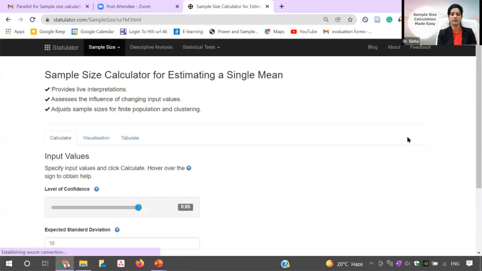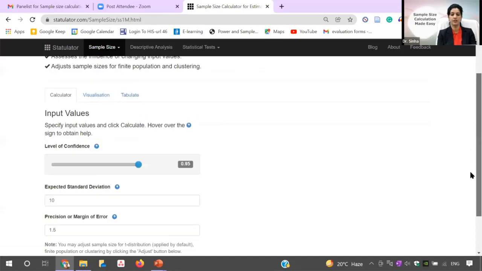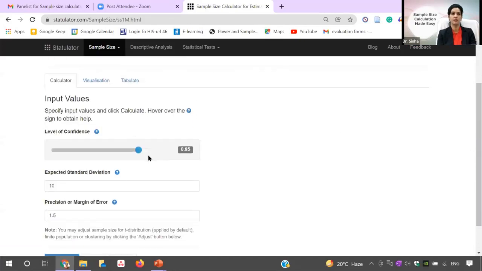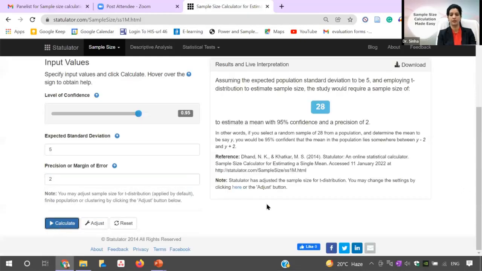And if you click this, my assumption is 95% confidence level, expected standard deviation is 5, that I have taken from the previous literature, and the margin of error is 2. That means my range of hemoglobin will vary from 3 to 7. And then I don't have to do any adjustment. So I will press calculate. So you can see that I will need a sample size of 28 for my study.